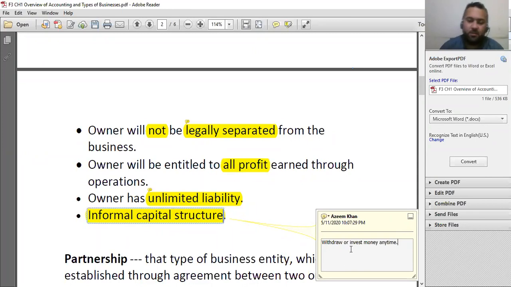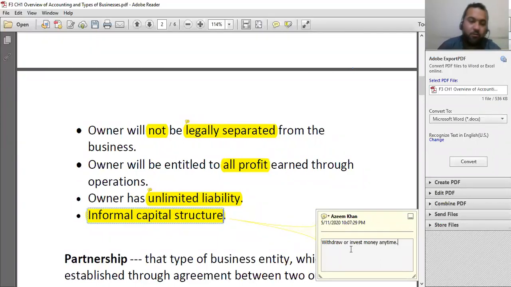Today you invest the money and tomorrow you tell another partner, give the money back to me, I need it. You cannot do these things in a partnership or company, while this may be possible in a sole trader. Okay. Clear or not? Clear. Yes, clear.